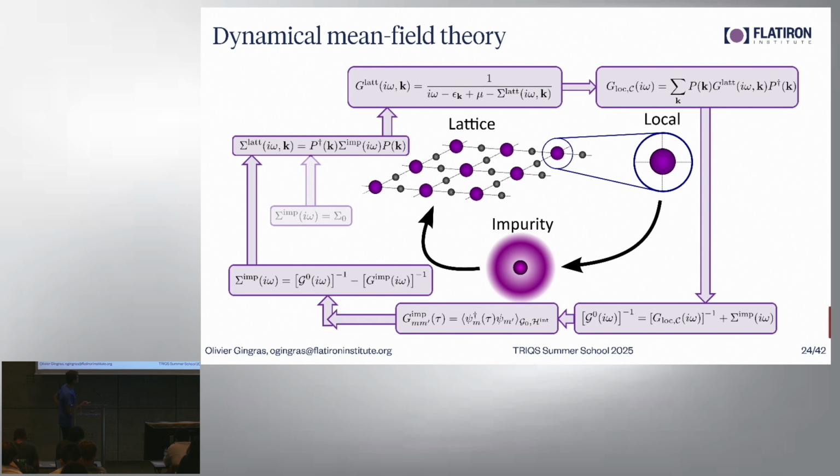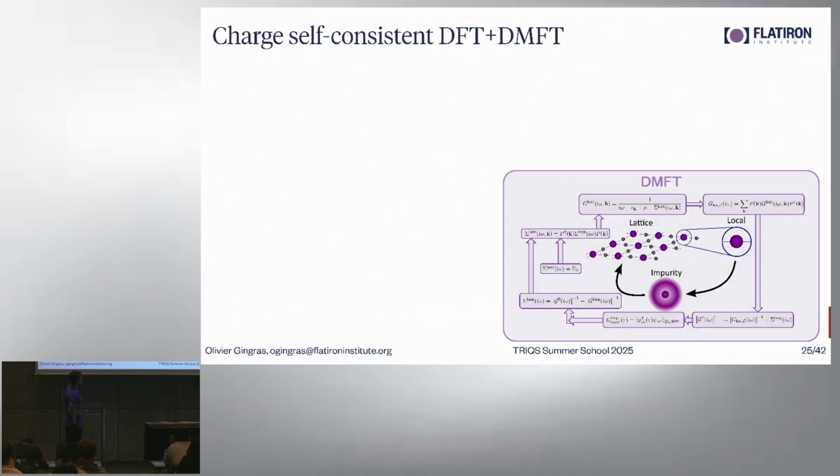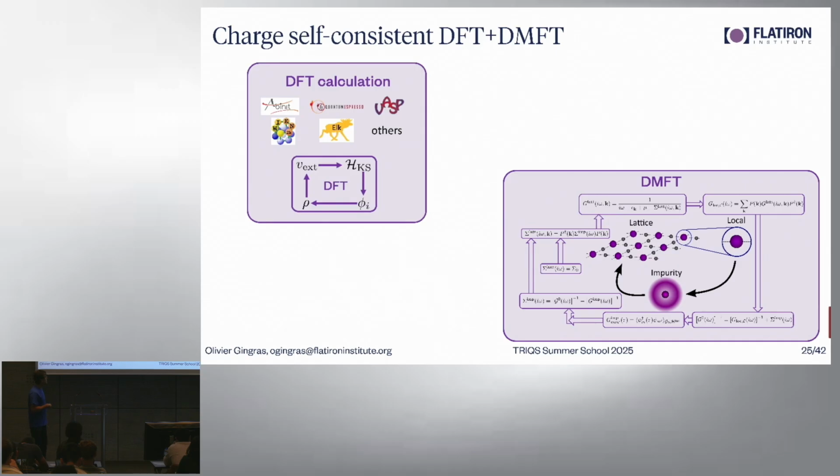Okay, all right, so this is the DMFT loop right here. And now I want to talk about DFT plus DMFT. So this is just DMFT, assuming I already fixed my local orbitals.